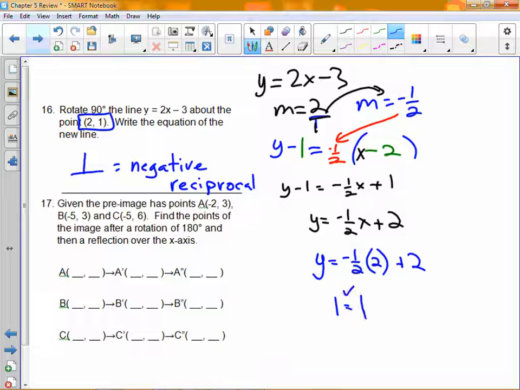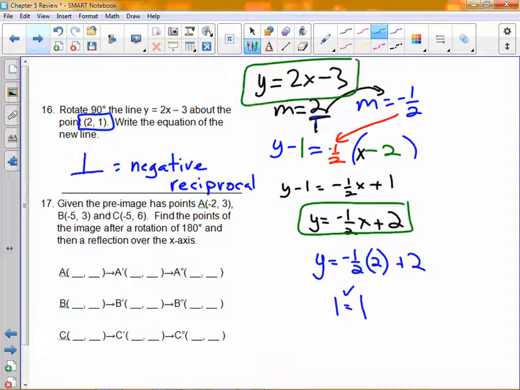So 1 equals 1. So the fact that 2, 1 works in this new equation, and they have negative reciprocal slopes, means this line right here and my original line up here, these 2 guys are perpendicular.